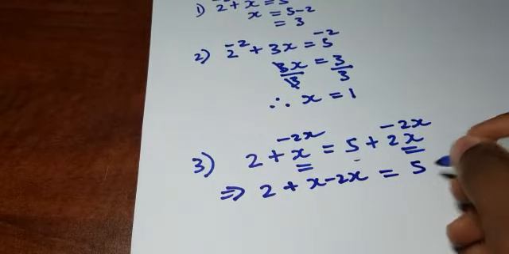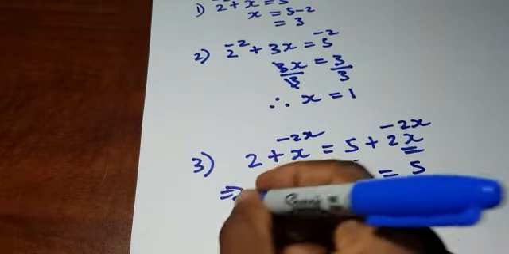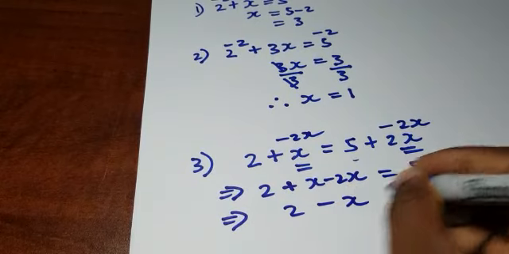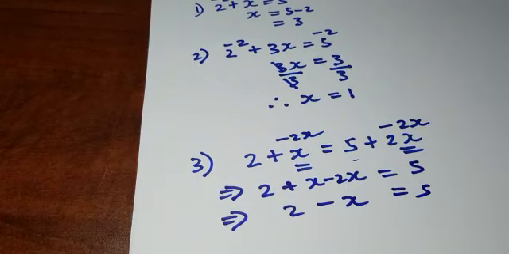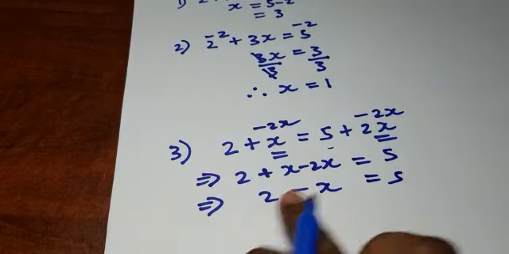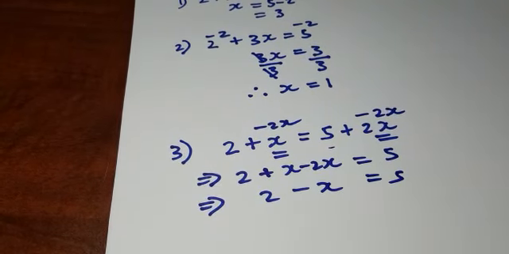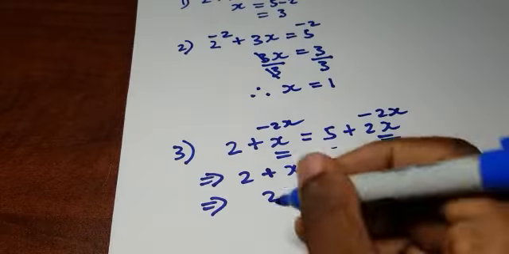So you can imagine it's just 5. So simplifying this part, we have 2 minus x is equal to 5. Now we have seen a similar setup before in say question 1 or 2.